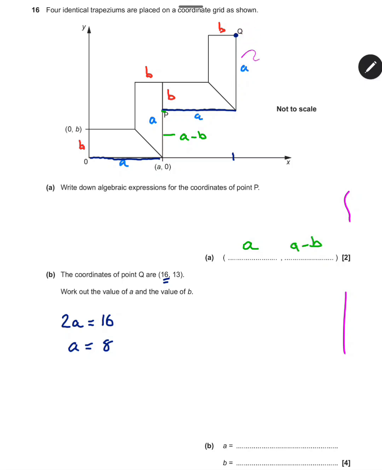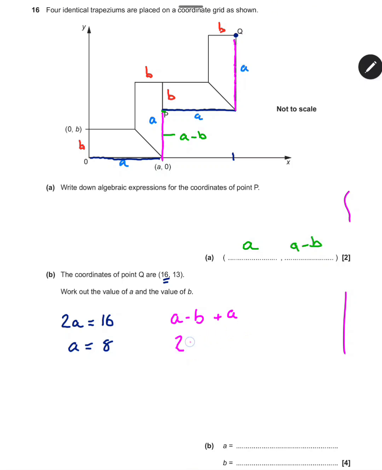I now need to see how I get up to Q. I think I'm going to use this measurement that I worked out earlier. So I've got an A minus B. And then I'm going to do this measurement, which is another A. And that got me all the way up to Q. So there's an A minus B and an A. So let's sort this out.